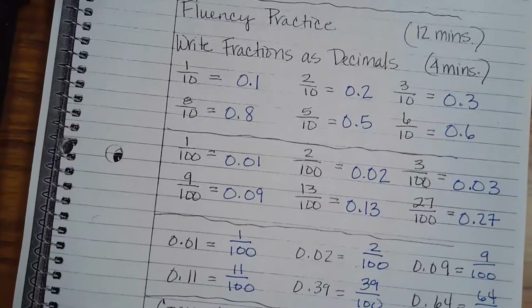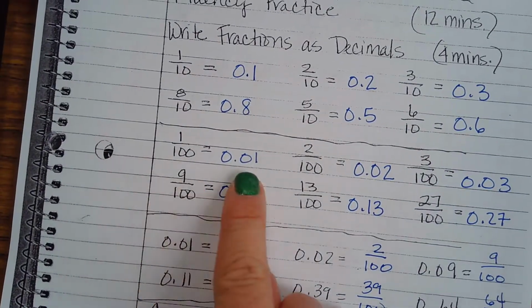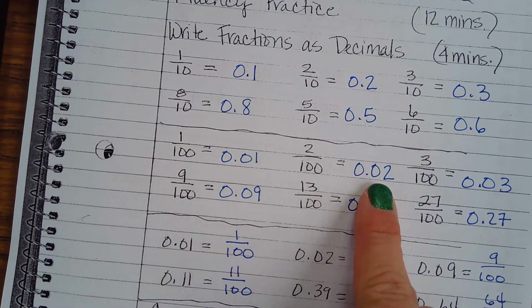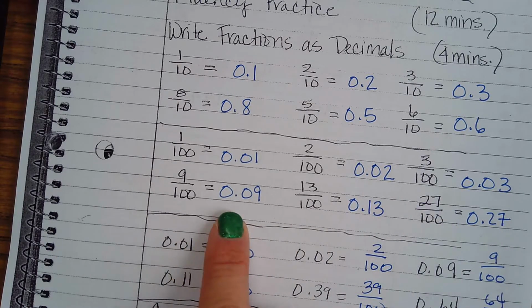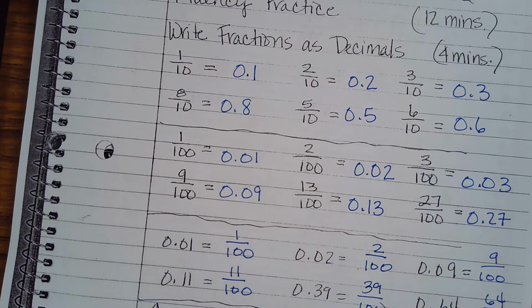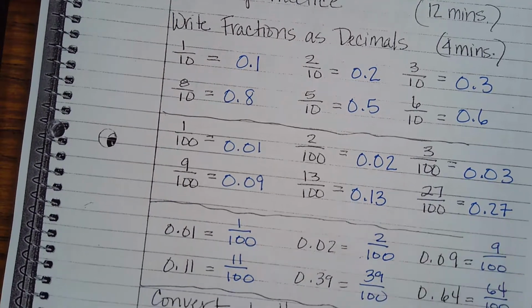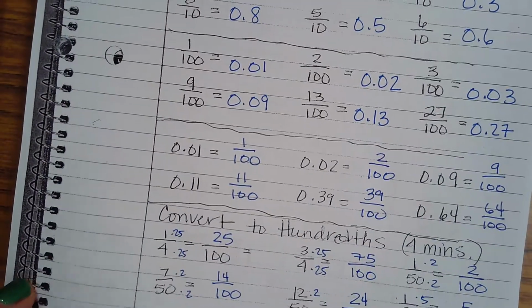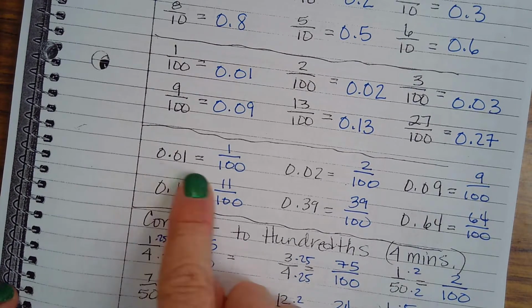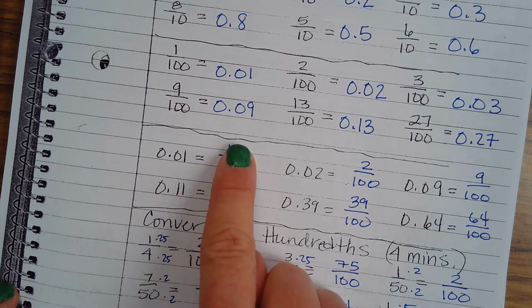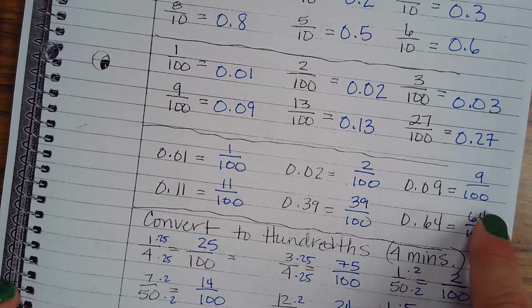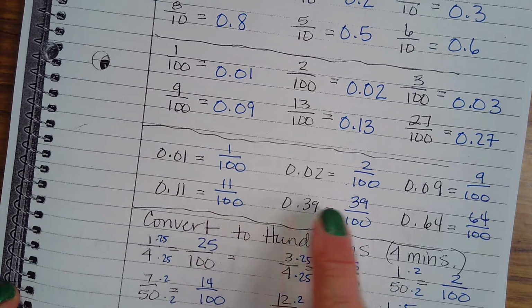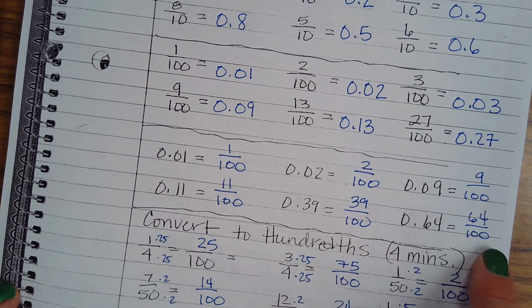Then we have 1/100th, 2/100ths, 3/100ths, 9/100ths, 13/100ths, and 27/100ths. Moving on to the next section, we're going to take the decimal and put it into the fraction. So 1/100, 2/100, 9/100, 11/100, 39/100, and 64/100.